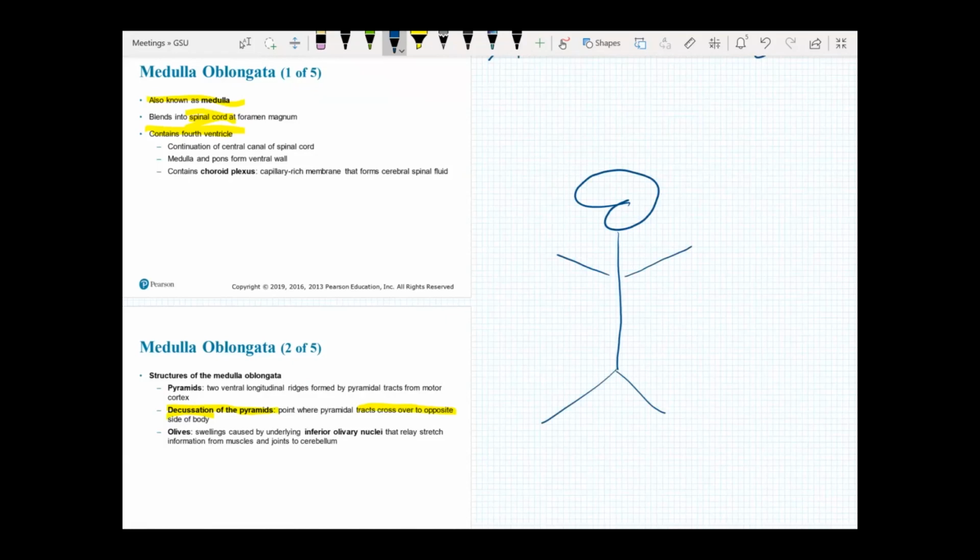At this point here, we know that the information that has traveled from here is traveling up to the brain. But here we say it crosses to the other side and goes up. So this is where you will actually have information cross to the other side of the body. And that's the really important part of the decussation of the pyramids.